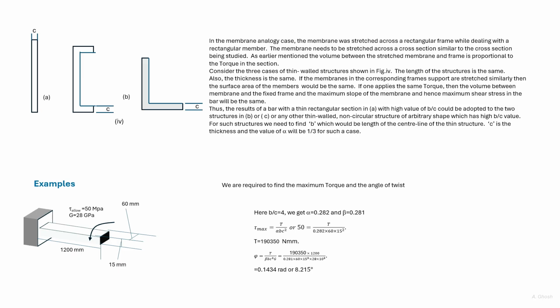The membrane was subjected to pressure, and the bloated membrane was used to find the direction and magnitude of shear stresses in the rectangular bar. The volume between the membrane and the frame was found to be proportional to the torque applied.